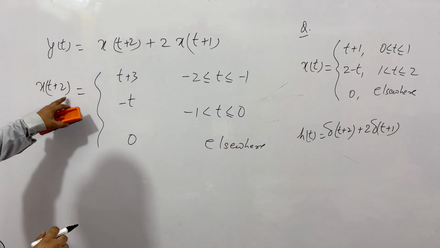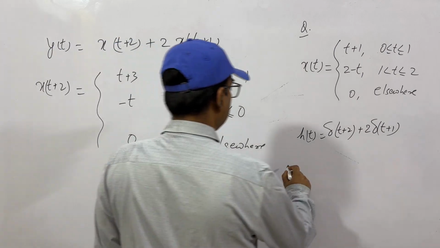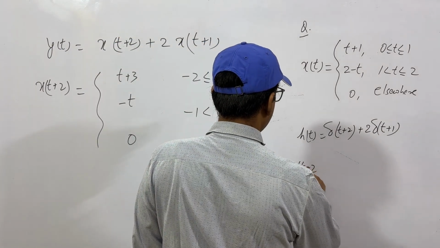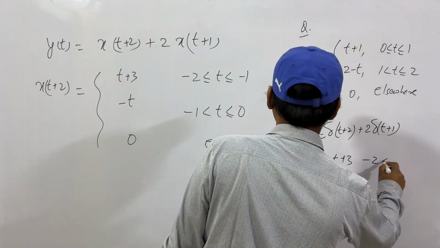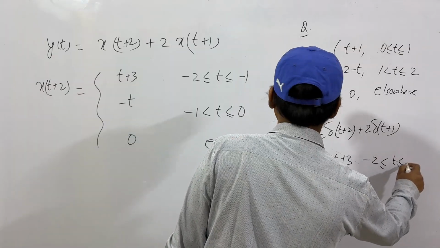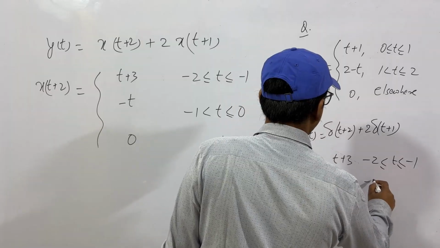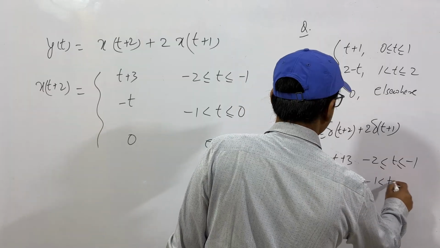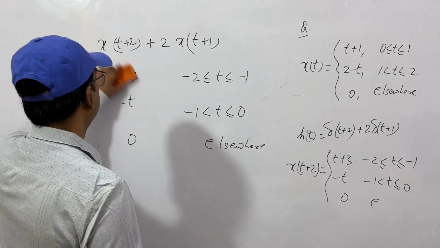So x(t plus 2) means this. Okay, let me write it here. x(t plus 2) means t plus 3 with the limits minus 2 to minus 1, then you have minus t with the limits minus 1 to 0, and then 0 elsewhere. This is your x(t plus 2).